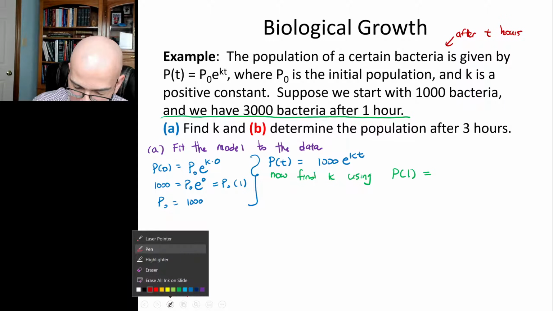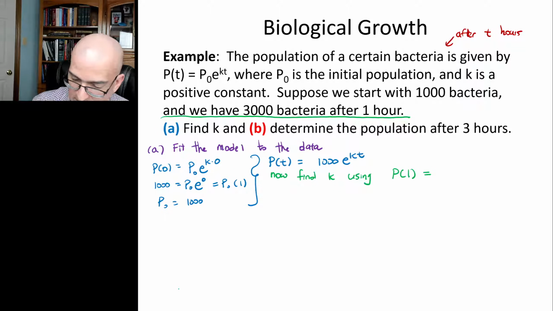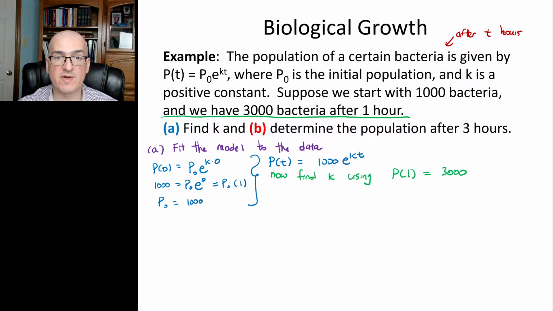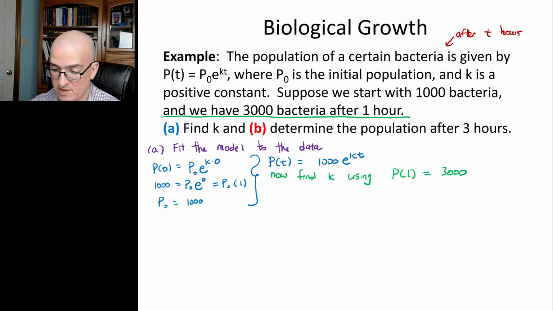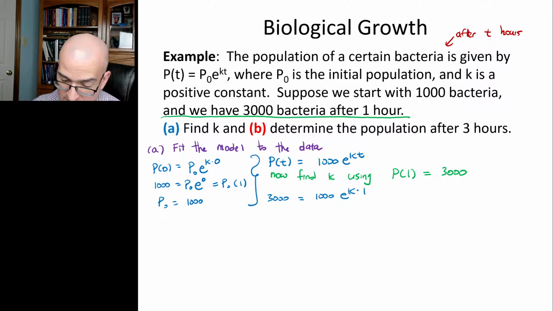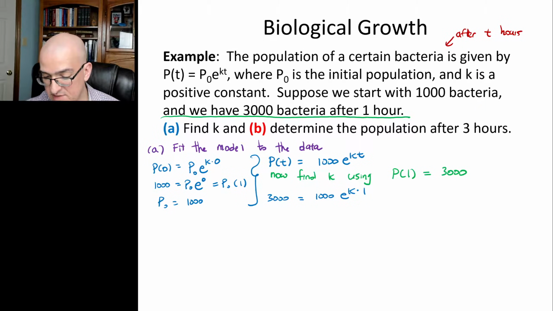No dirty tricks here. So P of 1 is equal to 3,000. We want to find the value of k using that information. After 1 hour, there are 3,000 bacteria. So 3,000 is equal to 1,000 times e to the kt, or e to the k times 1. I have to replace the t with a 1, and I have to replace the P of t with a 3,000, so P of 1 with 3,000, I mean.